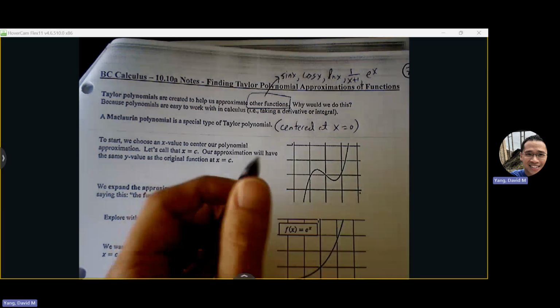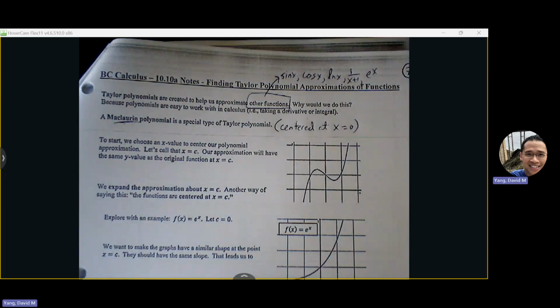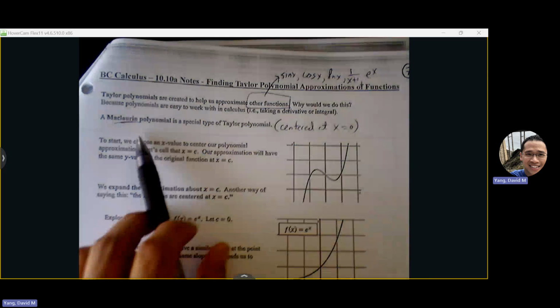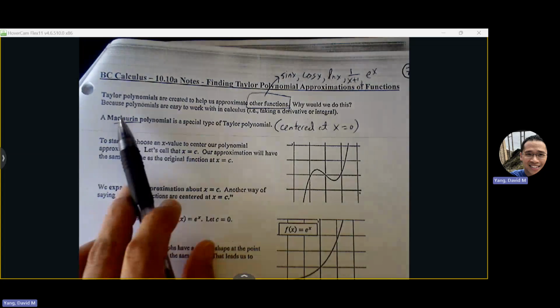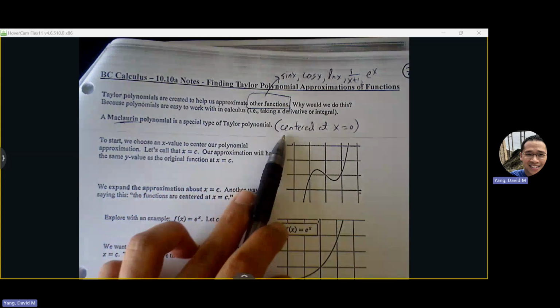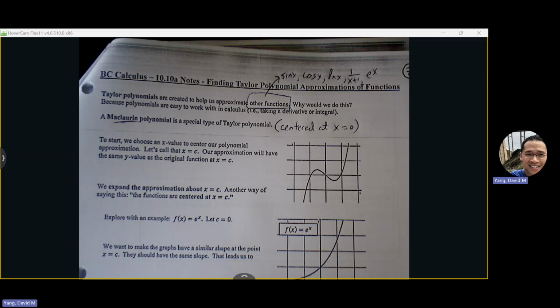The center just means the starting point where it begins copying the other function. A Taylor polynomial can start at 0, but could also start at other x values. Could start at 2, could begin its copying process at -2. So a Maclaurin polynomial is just a special case that starts at 0.